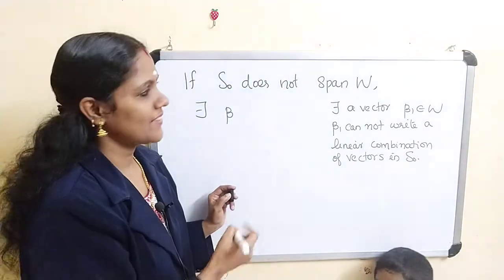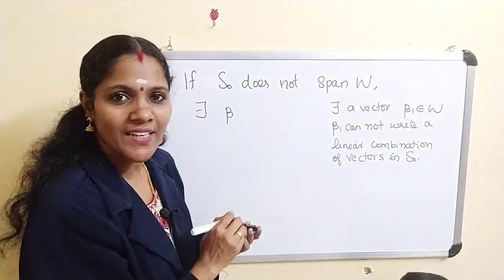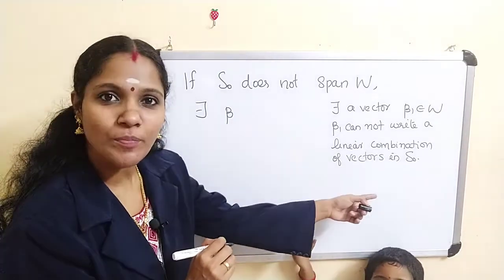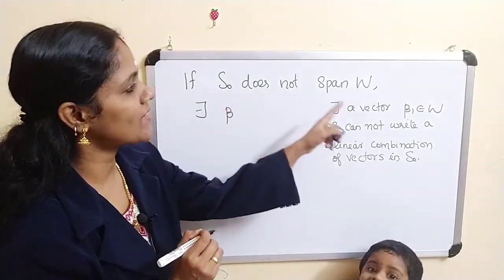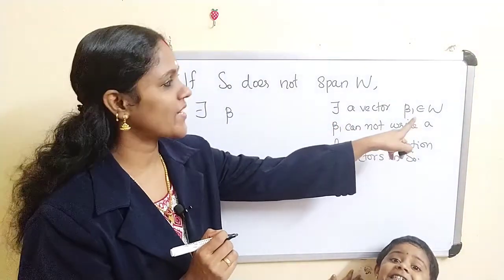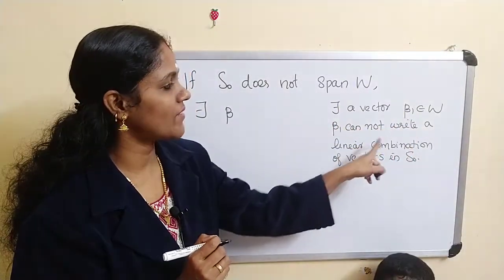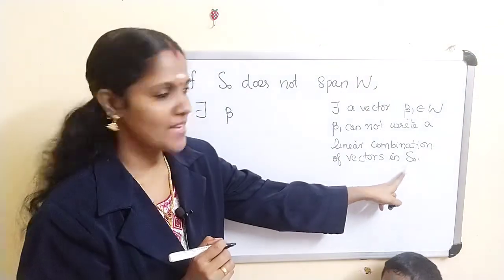That means beta 1 is not in the span of S0. Therefore, if S0 does not span W, you can find a vector beta 1 in W not in the span of S0.